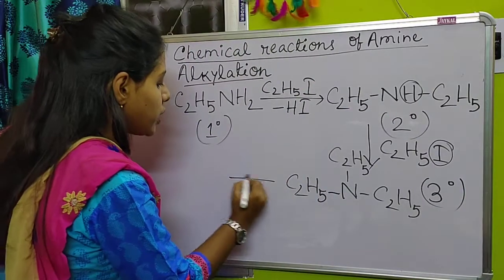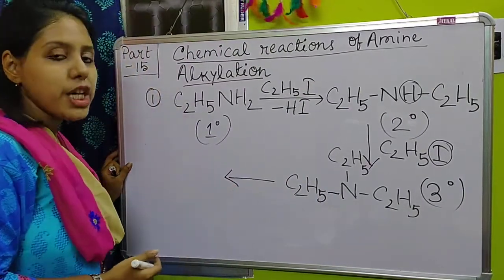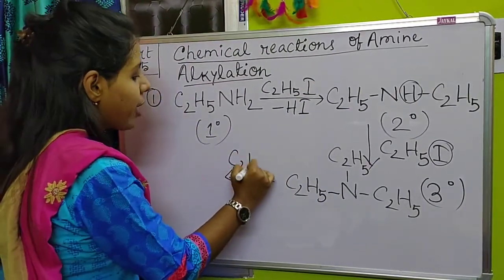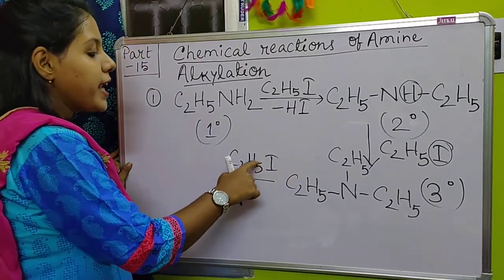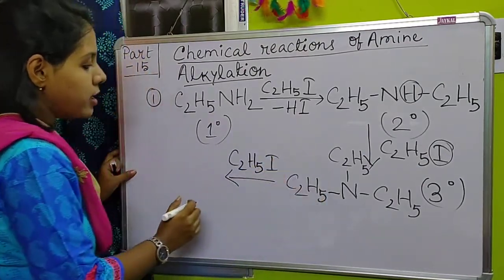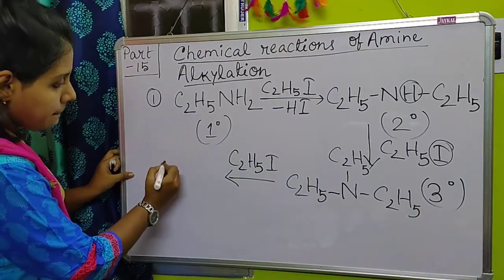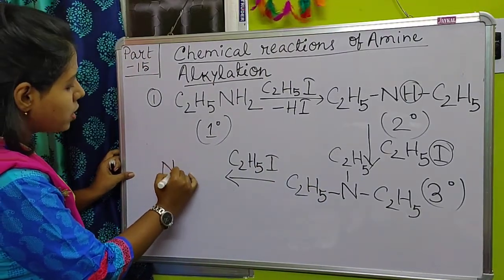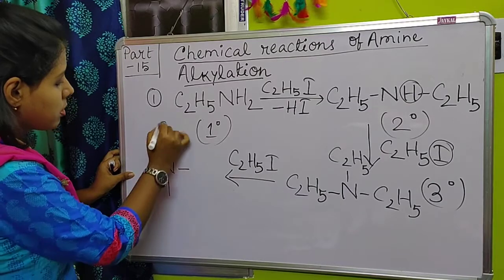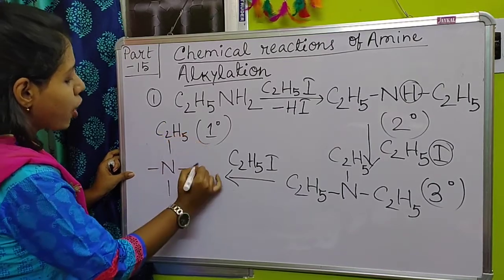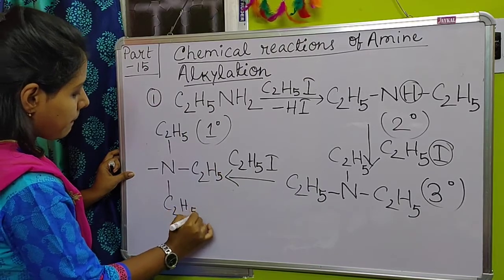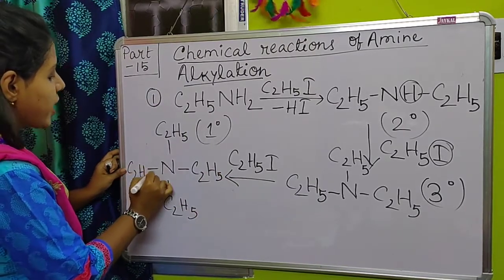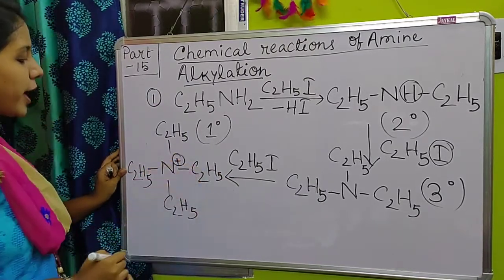If you continue with the addition of ethyl iodide again, the C2H5I will be added to the nitrogen, making a tetraalkyl compound which will have 4 ethyl groups on it.